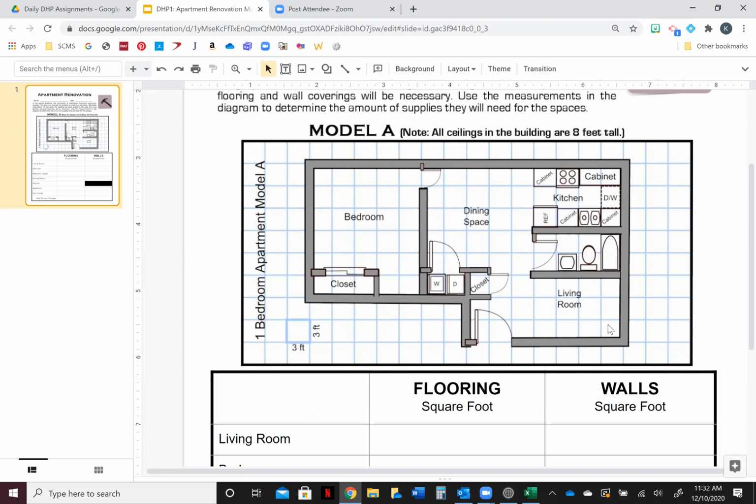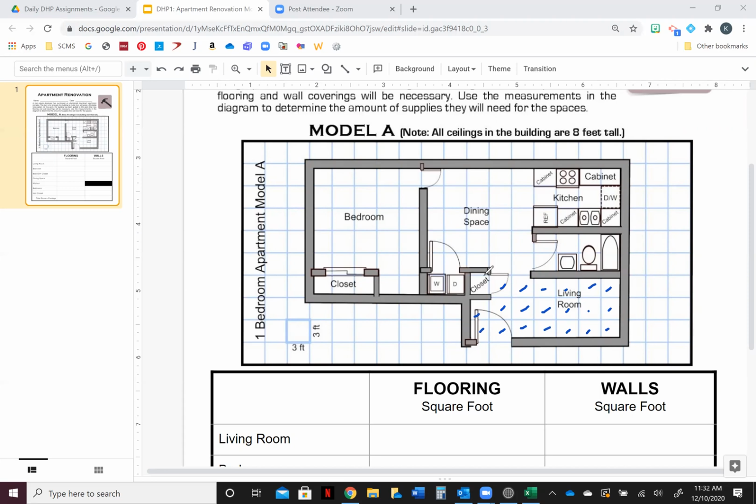So on this one, let me annotate so you all can see which squares I'm actually counting. So we have 1, 2, 3, 4, 5, 6, 7, 8, 9, 10, 11, 12, 13, 14, 15, 16, 17, 18, 19, and 20. And you'll see that I didn't count this one right here because that's a closet, so that's not technically part of the living room square footage.